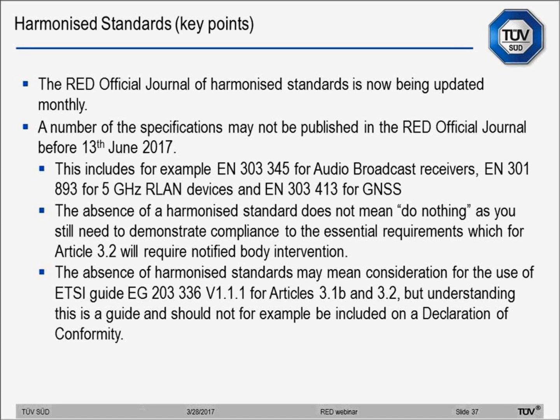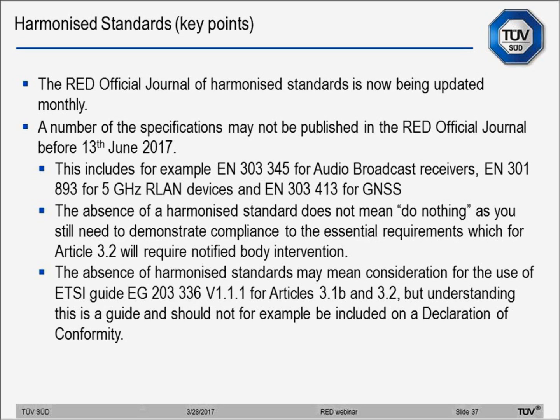The RED official journal of harmonized standards is now being updated monthly. The next one is due around the 10th of April 2017. A number of the specifications may not be published in the RED official journal before the 13th of June.